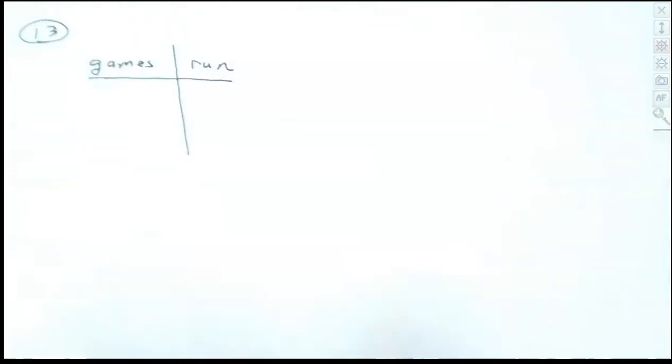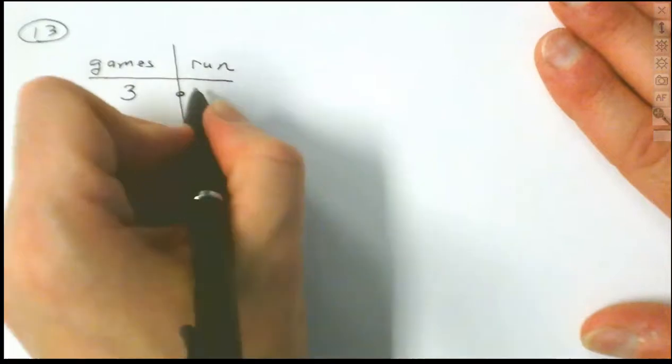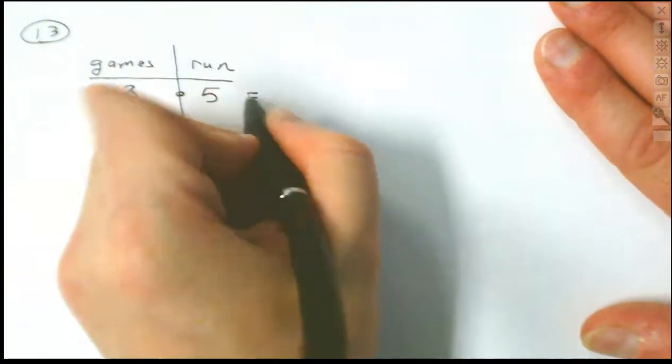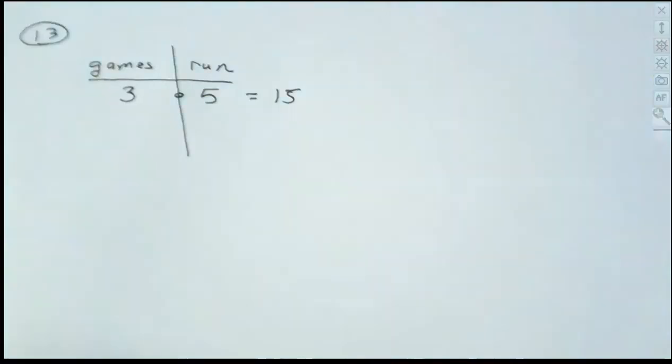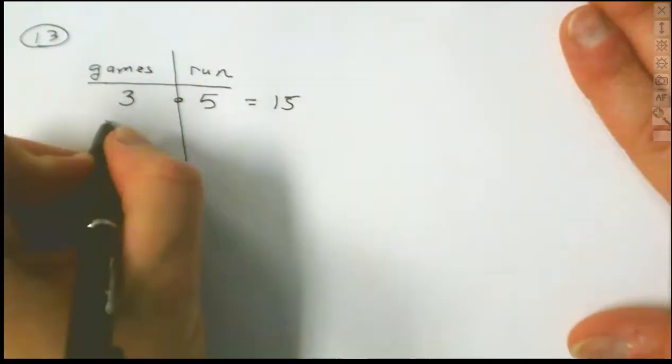So we're going to take our time, and again, if you win, they're positive. If you lose, they're negative. So a baseball team won 3 of its games by 5 runs. So they won 3 games by 5 runs. That makes my total then 15. They lost 3 games by 4 runs. So since they lost, it's going to be a negative.